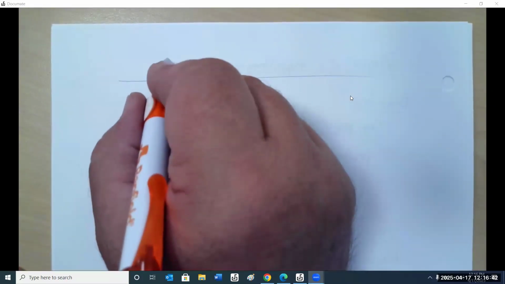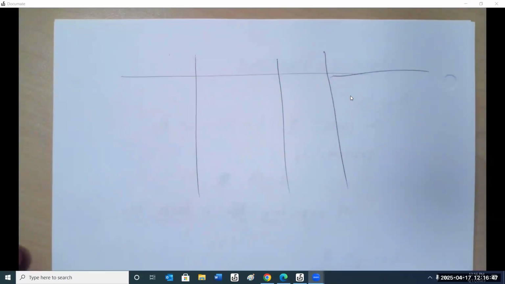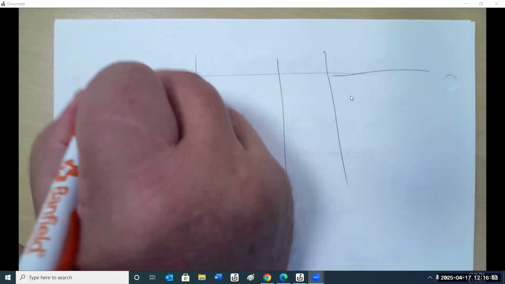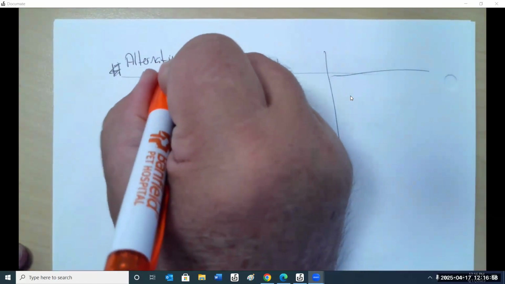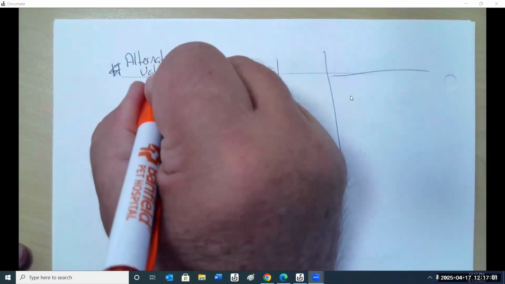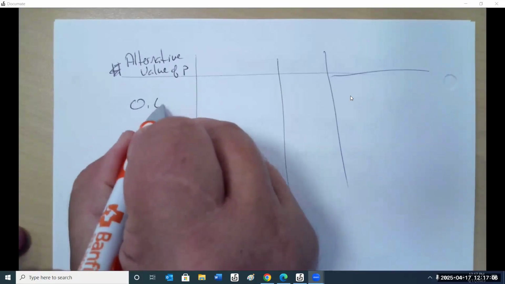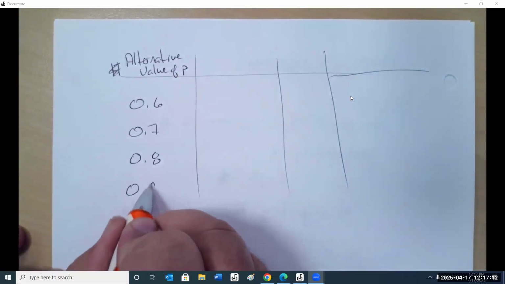All right. Now, in order to use this method, we have to have technology or charts. So the alternative value of P, which is what we're looking for, 0.6, 0.7, 0.8, 0.9.